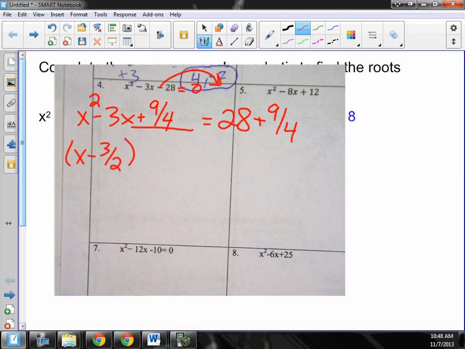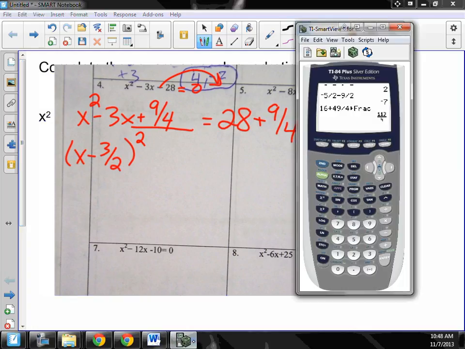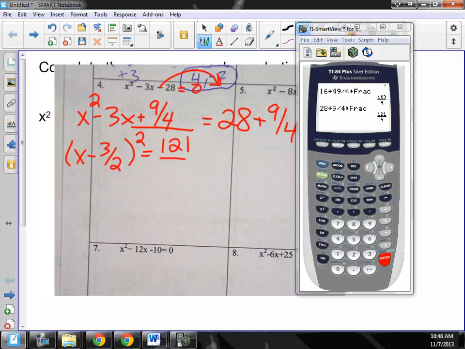Okay, so in my calculator, 28 plus 9/4 is 121 over 4. 121 over 4. What's my next step? Take the square root.